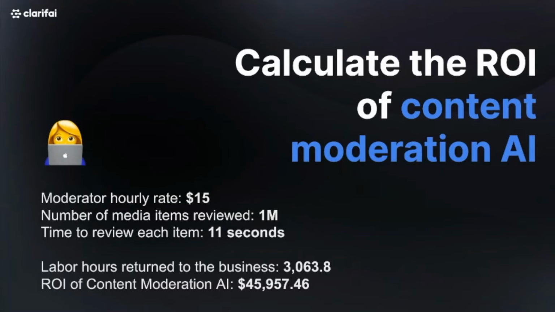And let's say 100 million items need to be reviewed, and the time to review each item is 11 seconds. Well, you'd be looking at over 3,000 business hours returned to the business, labor hours returned to the business, and a bottom line ROI of AI content moderation of over $45,000.